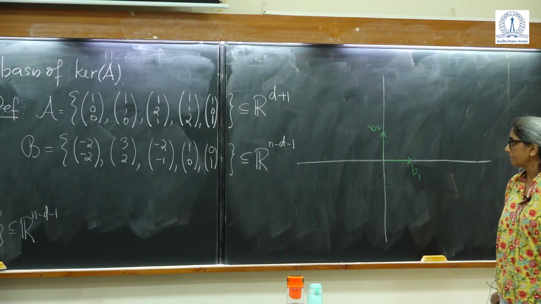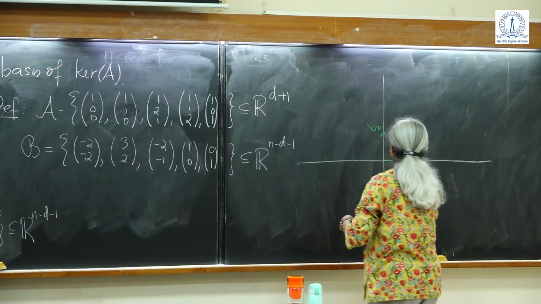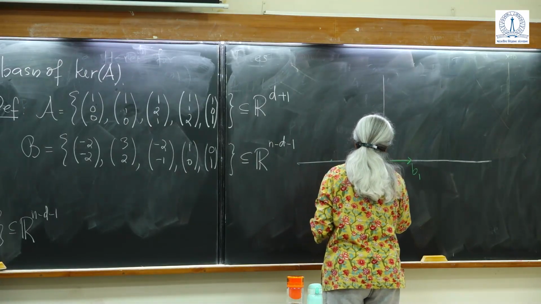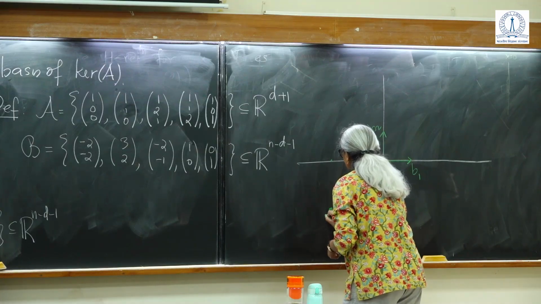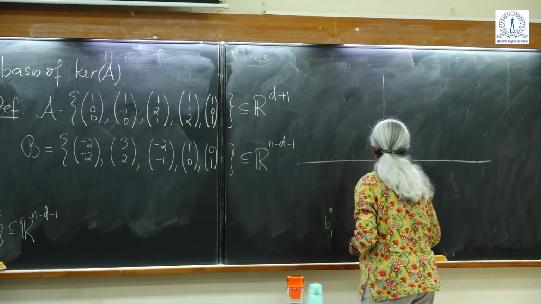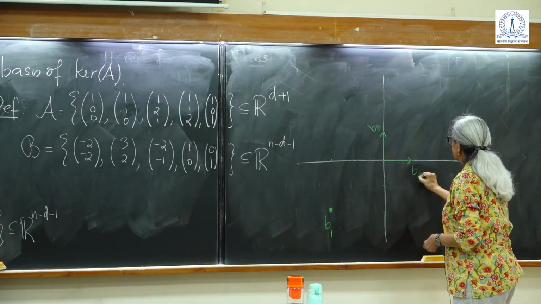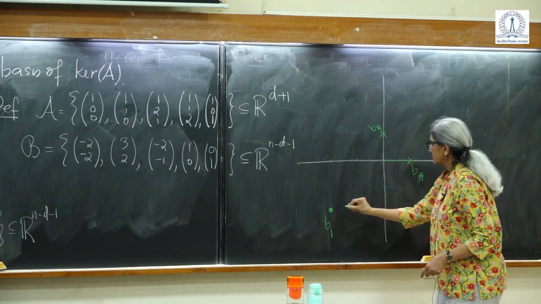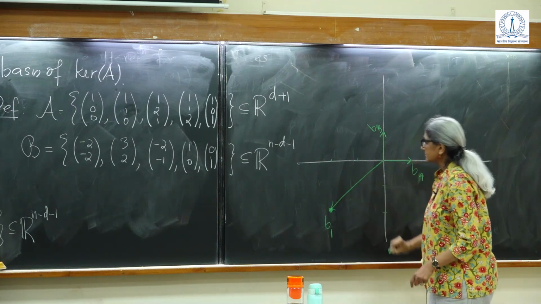And then there is minus 2. Let's go from the beginning. So minus 2, minus 2. You have to draw this very correctly to see what's happening. So we'll try. Okay, so this is B1. But this is not B1, sorry. Yeah, this is B4 and this is B5. And that's B1. Okay, so you have to draw them as vectors. Okay.